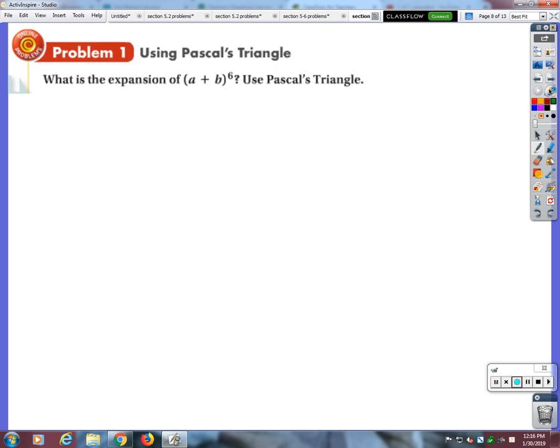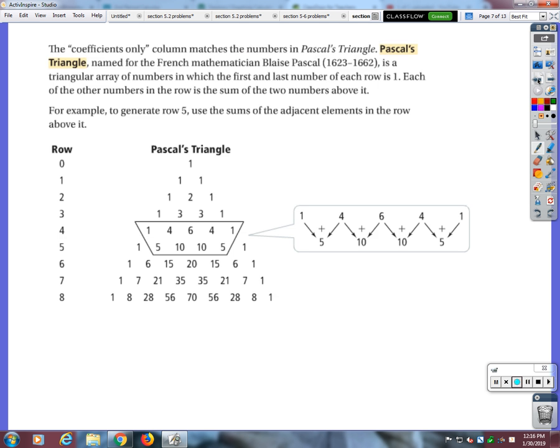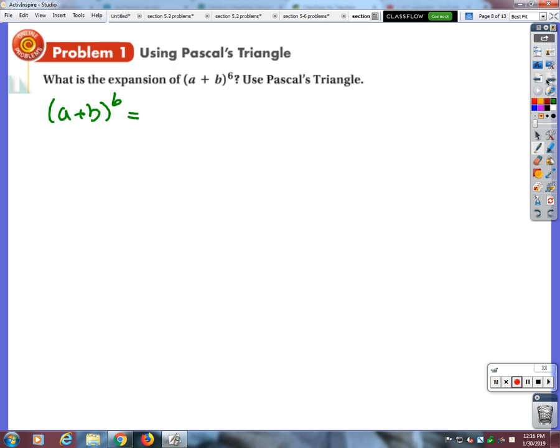All right? So, for example, if I wanted to do a plus b to the 6th power, then I would have to go all the way down to the 6th row of Pascal's triangle, which is 1, 6, 15, 20, and then it repeats. 1, 6, 15, 20, and then 15, 6, and 1.